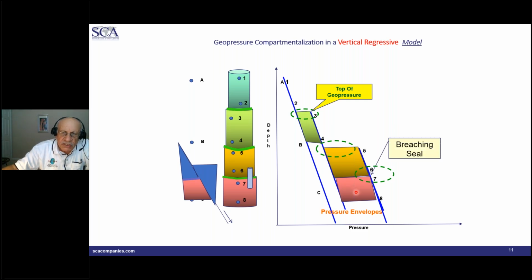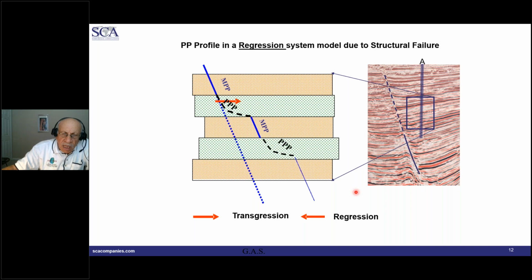And we call it breach seal. 20 years ago, we used to have a group of companies, we would get together and find out why our prospect was not good. Dry holes. Why was it a dry hole?